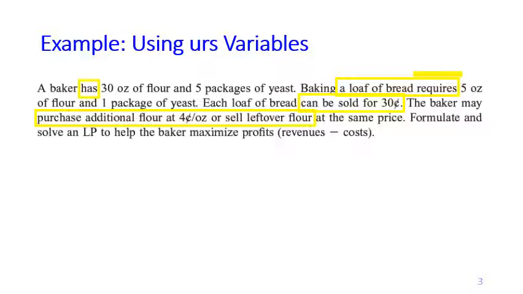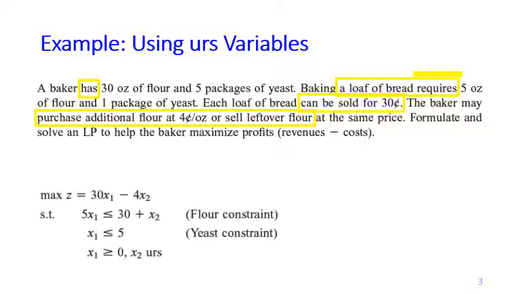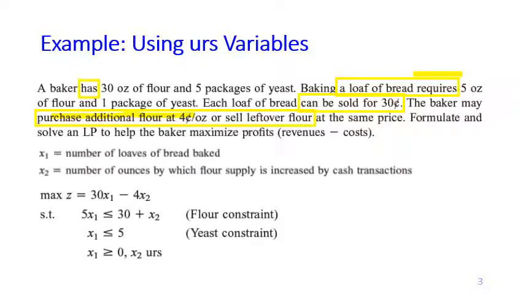So formulate the LP problem to maximize the profit, which is revenue minus cost. Okay, so the revenue comes from selling the bread, and then the cost comes from purchasing additional flour, right? So we may say that x1 is the number of loaves of bread baked, and then x2 is the number of ounces by which flour supply is increased.